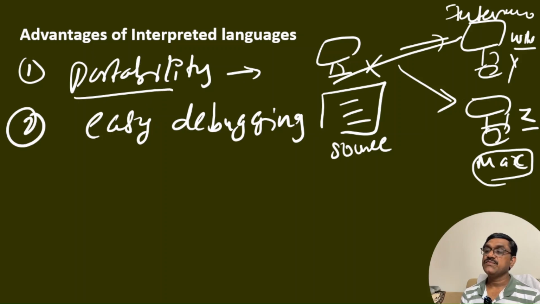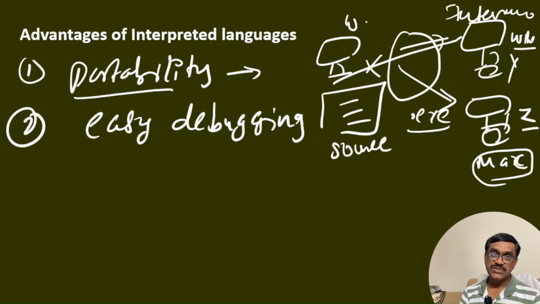But when you use compiled programming languages, we generate the source code into executable code, and executable code is specific to the machine. If it is a Windows machine, it is going to create the .exe file, and this executable code can only be executed by a machine having the Windows operating system. Whenever we use compilers, if the source machine is using Windows, the destination machine should use the same type of operating system to execute that executable code.